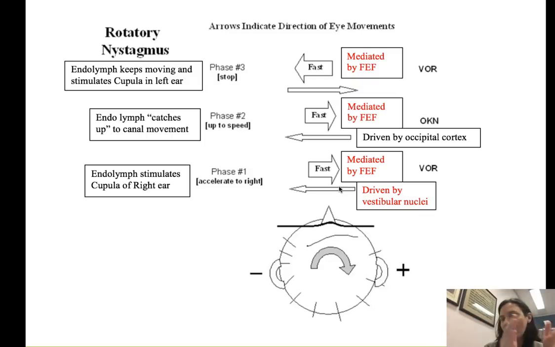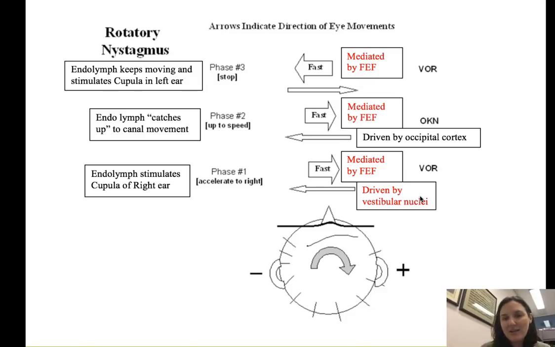You get the VOR going, and then the frontal eye fields make saccades to keep them straight. Now, once the endolymph catches up, then the occipital cortex takes over from the vestibular nucleus, and then you're basically doing OKN. Okay, so it's a VOR first, because you're stimulating the vestibular system.